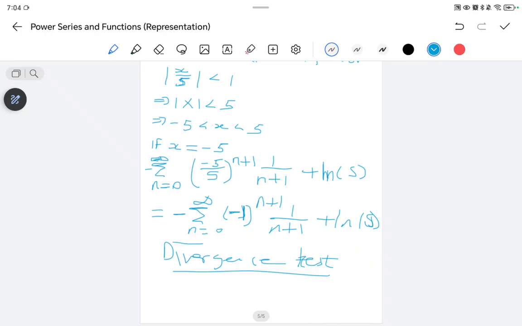If I apply the limit of this, then we have plus 5, and we would get the limit for this one.